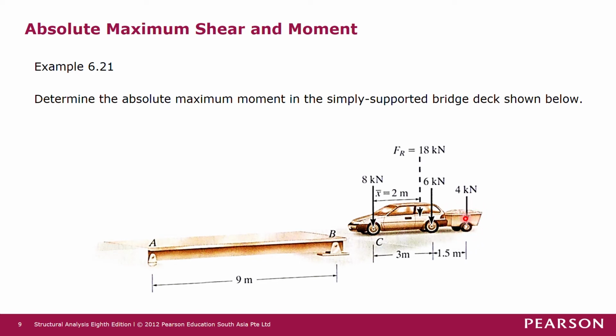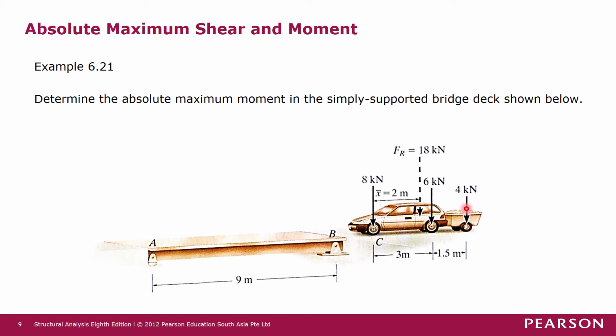The front wheel axle will exert 8 kilonewton force, and the rear wheel axle will exert 6 kilonewton force. And then in the trailing part, we have 4 kilonewton force exerted by the axle of the wheel.